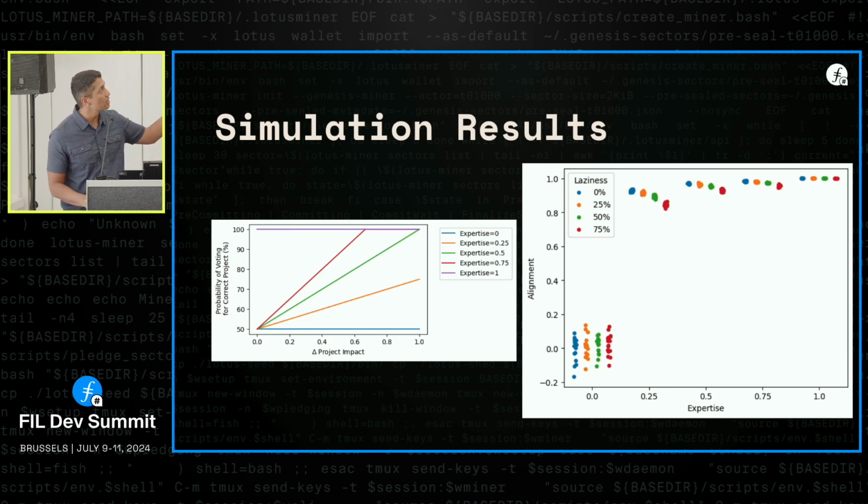What is it showing at a very high level? At least in the way that we've done it, which is aggregating all of the badge holders into a single pool and then doing an estimation, it gets to pretty high alignment even with low badge holder expertise. I want to caveat that, because the number 0.25 seems low, but it really just depends on how I've mapped that function, which is the orange line.